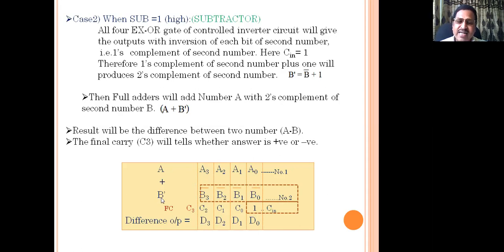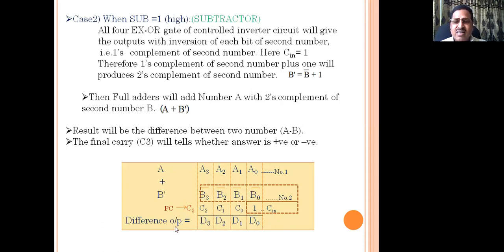Now addition of B dash with the first number by all full adders will give the resultant sum as difference D0 at the output of full adder 0, difference D1 at the output of full adder 1, difference D2 at the output of full adder 2, whereas at the output of full adder 3, difference D3, and if any carry C3, this carry C3 can be assumed as the final carry.